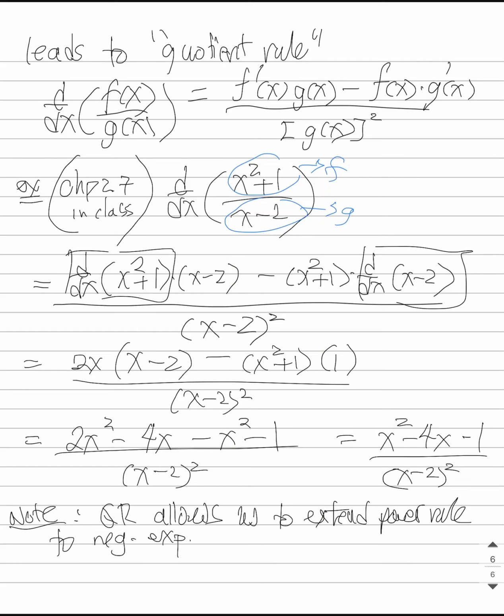So the quotient rule allows us to extend that proof. And it says, you know what? If you ever have x to the power of negative m, you could treat it as 1 over x to the m, and then use the quotient rule from there, and you'll be able to get a result that matches with the power rule.